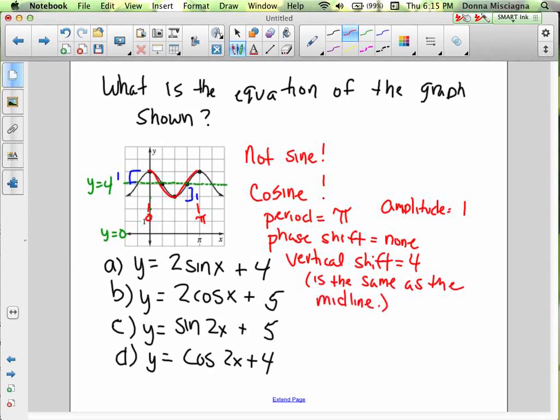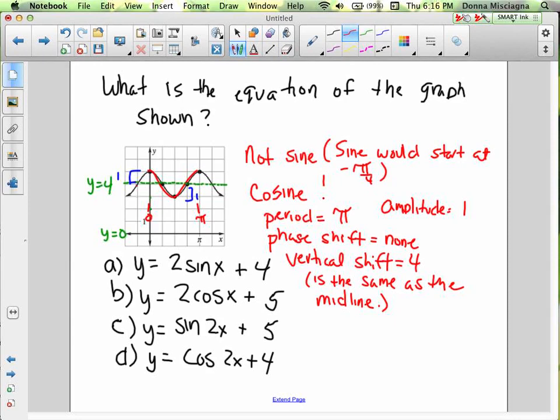So now let's go through our choices and eliminate some. All right, so we said it can't be sine because it's not shifted. Sine would have to be shifted and start at negative pi fourths. Let's add that to our information here. So sine would start at negative pi fourths for this particular graph, right?